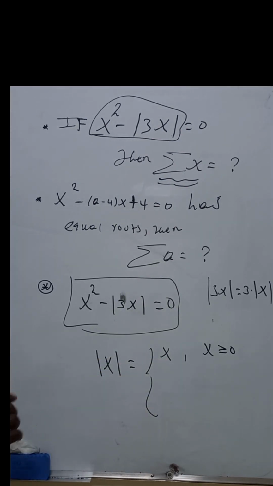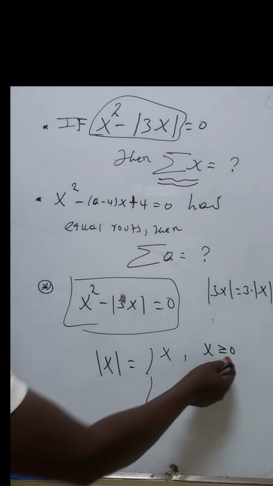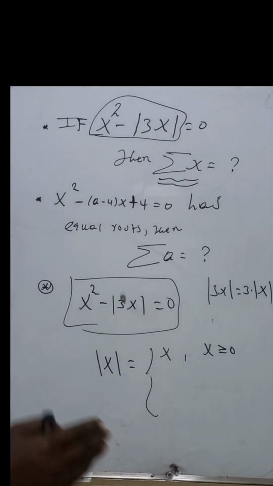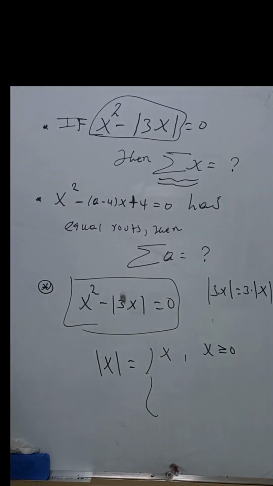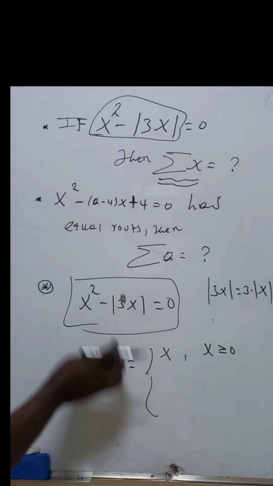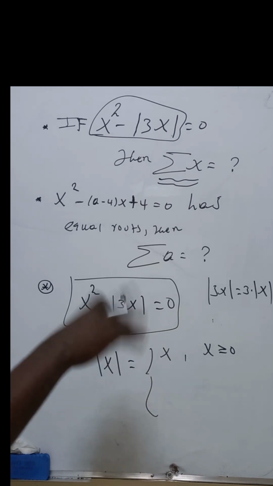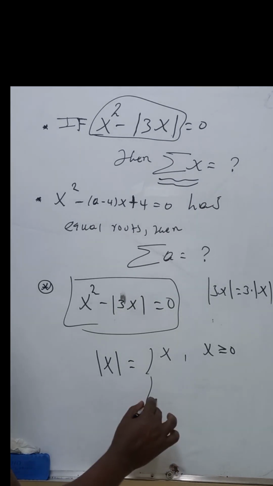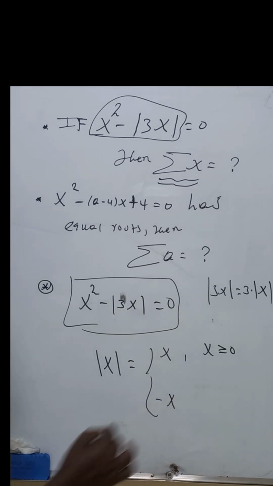When you take it, that means we are dividing the real numbers into 2 parts: you can take any real number on the left of 0 and on the right of 0. For any real number on the right of 0, the modulus is exactly the number itself. But if numbers are on the left of 0, you have to take the negative of this value.